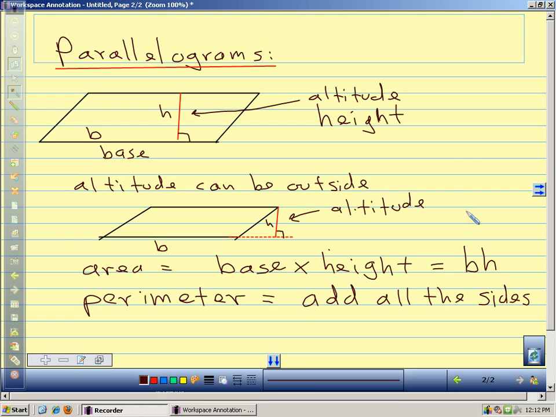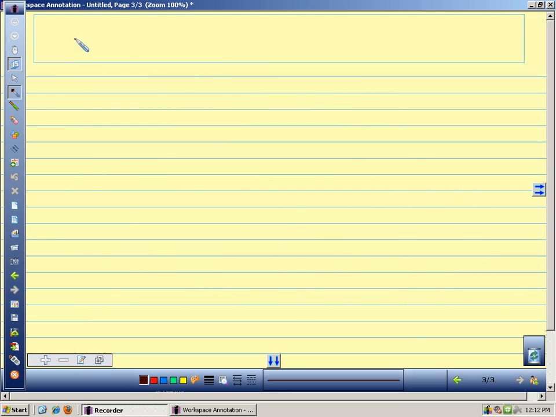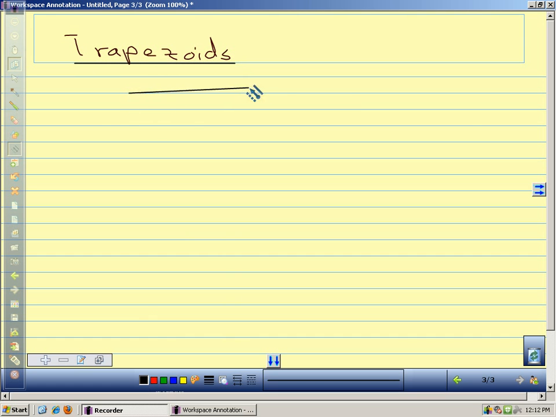Okay, let's look at trapezoids. So we'll draw our trapezoid here. Trapezoids are a little different, but not a whole lot different.